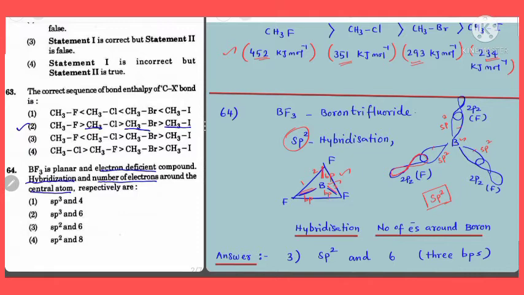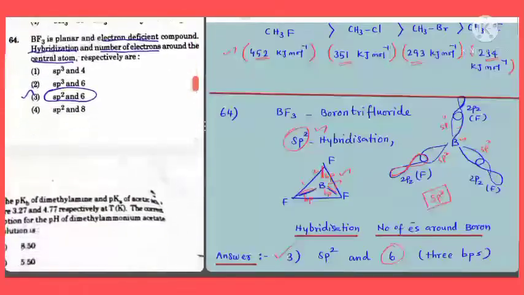The total number of electrons around the central atom is about 6. Hybridization is sp2, and the number of electrons around boron is 6. So the right answer is option 3, sp2 and 6. There are 3 bond pairs, together 6 electrons.